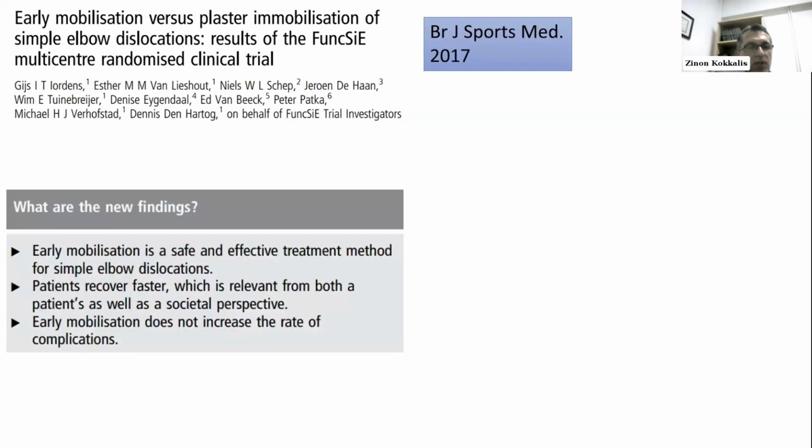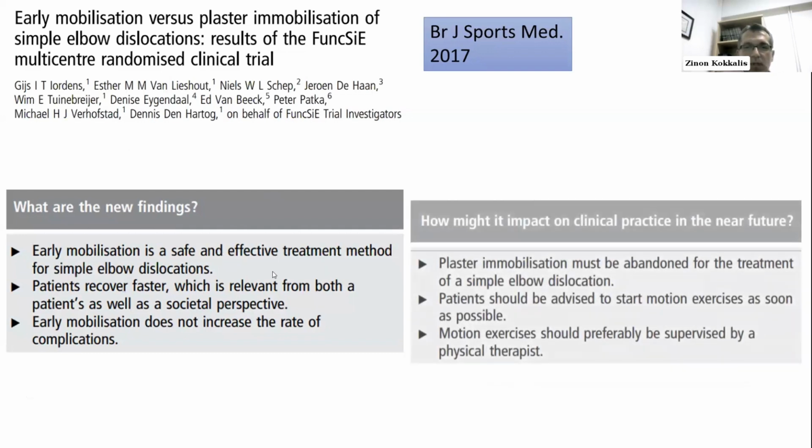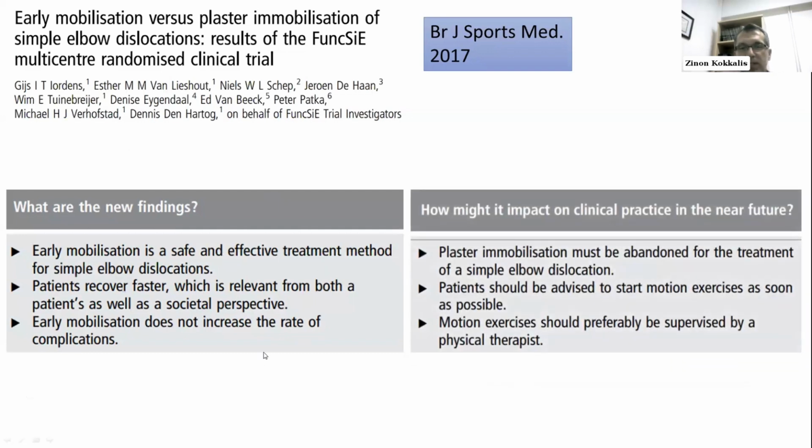The findings from this randomized study are that early mobilization is a safe and effective treatment for simple elbow dislocation. Early mobilization does not increase the rate of complications, and these authors suggested that plaster immobilization must be abandoned for the treatment of a simple elbow dislocation, and motion exercises should be started supervised by a physical therapist.